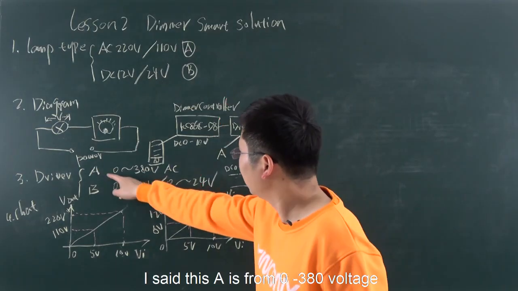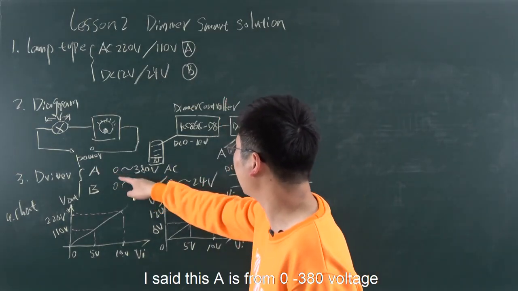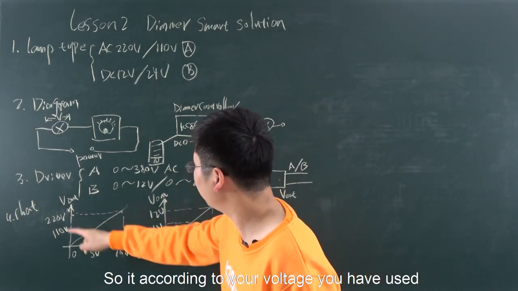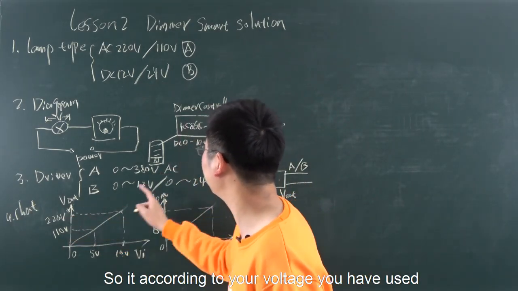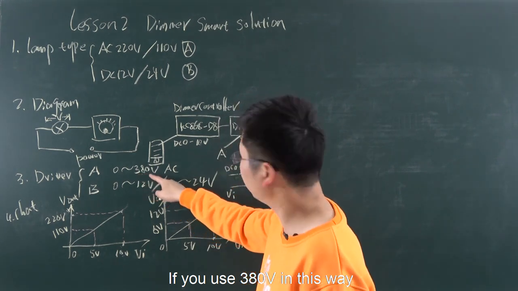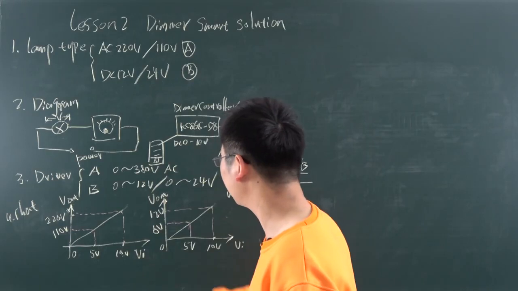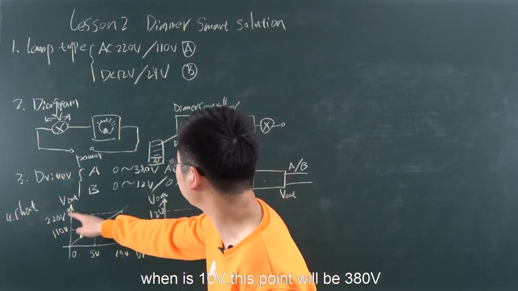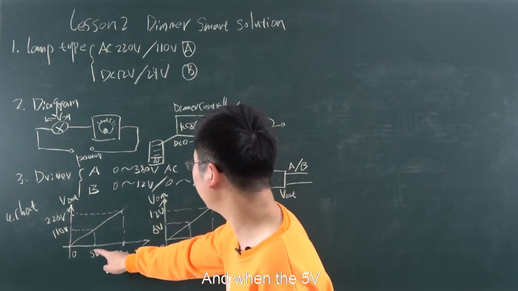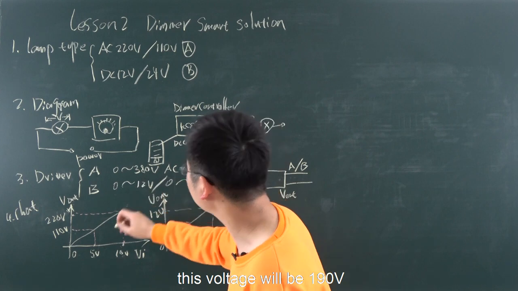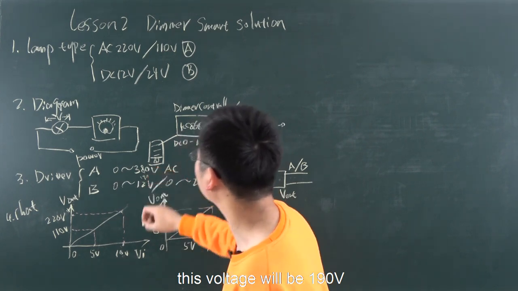I said this A type is from 0 to 380 voltage, so it depends on the voltage you use. If you use 380 voltage in this way, when the input is 10 voltage, this point will be 380 voltage. And when it is 5 voltage, the output will be 190 voltage.